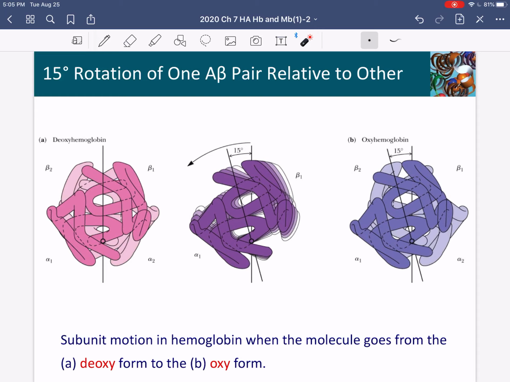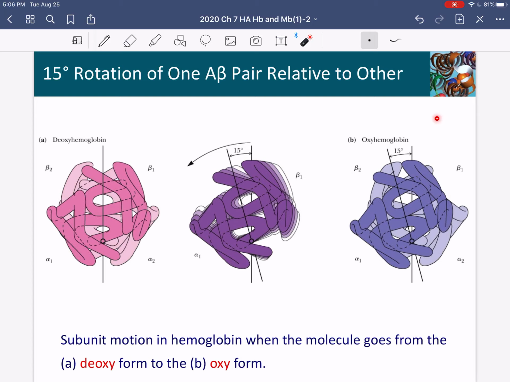Now you've taken the jar and the lid is facing you, and the glass part of the jar is going into the board. And you twist the lid off by 15 degrees. That's this angle here. So you're not twisting the lid all the way off. You're just twisting it 15 degrees. That's what ruptures those salt bridges that aren't visible here, but they were in that first slide where I circled them in black. Okay, and that allows the oxygen binding sites to be in the R state.